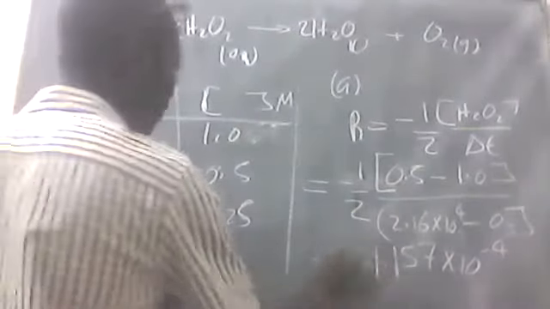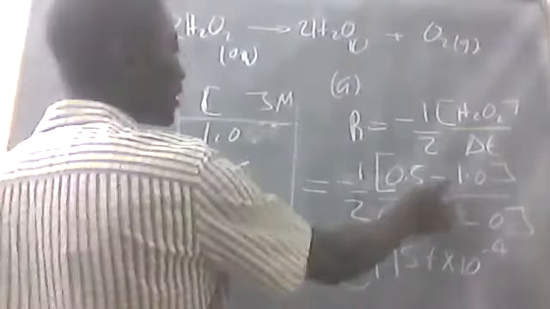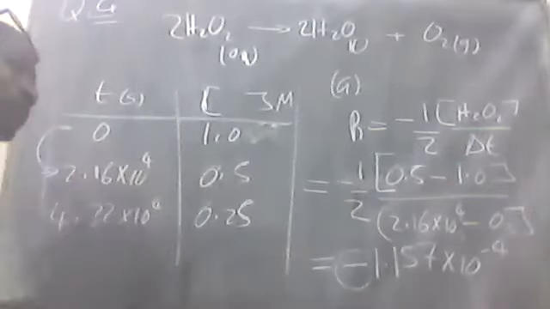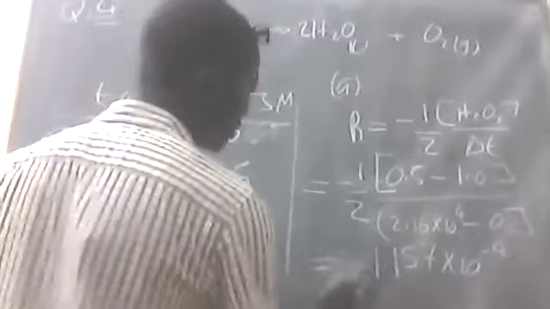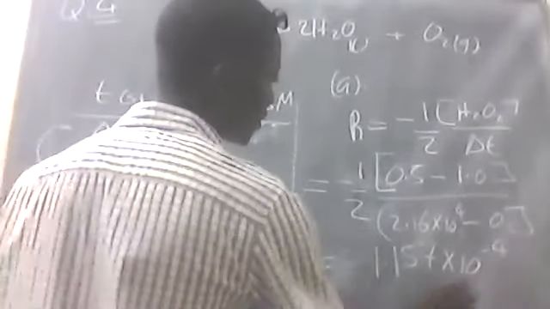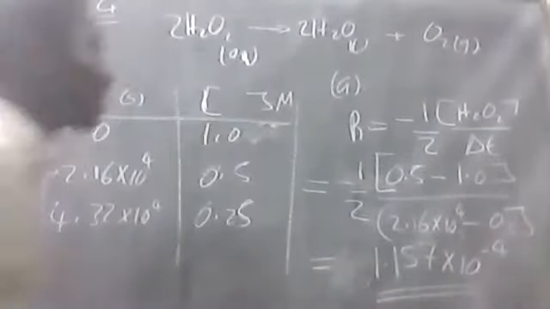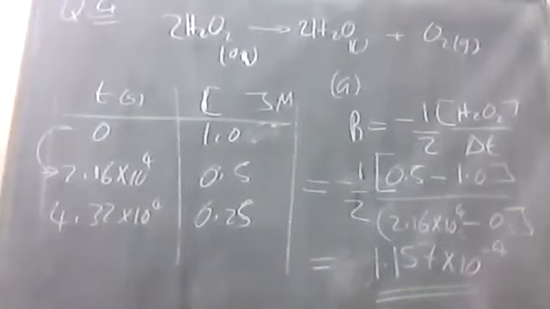Why is it positive? Because the change gives you a negative and you have a negative in front, so the negatives cancel. It's supposed to be positive. So that will be the rate of decomposition of the peroxide.